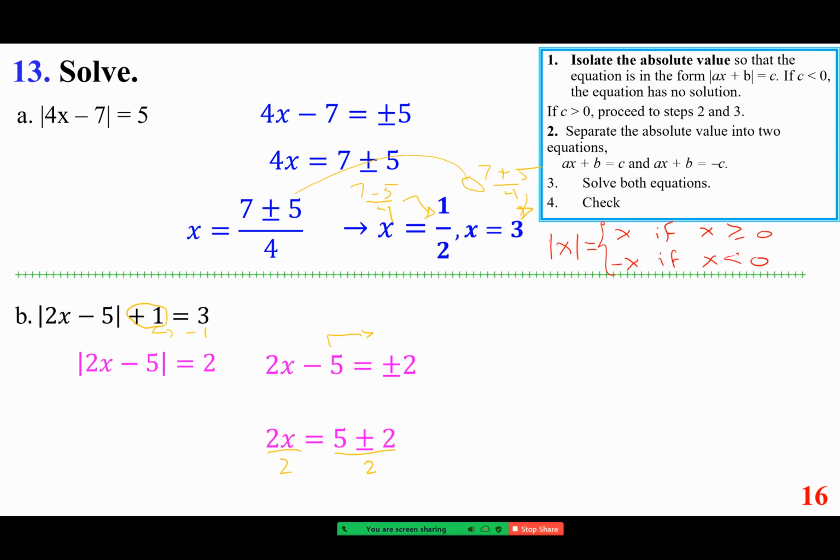We divide by 2. And again, we can combine them into 5 minus 2 over 2, or 5 plus 2 over 2, which results in 3 halves as well as 7 halves.